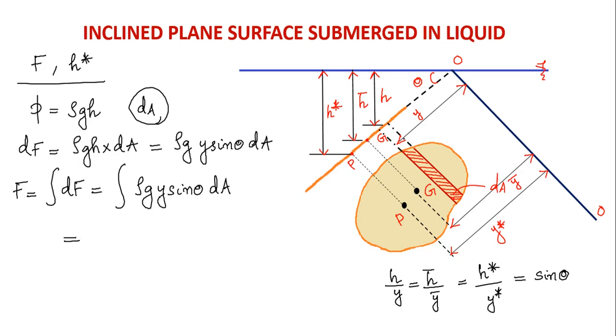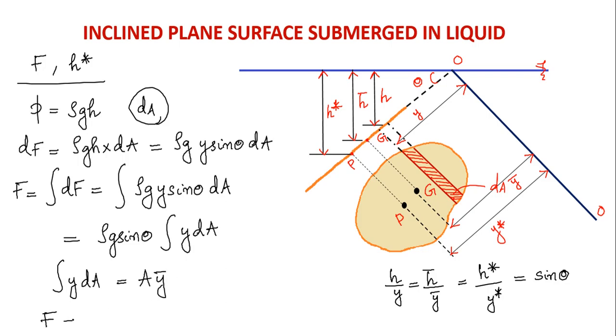Here rho g sine theta is a constant, so we can take it outside the integral. Integral y dA is the first moment of area of this inclined surface about the OO axis, which is our axis of reference. So integral y dA we can write as A into y bar.